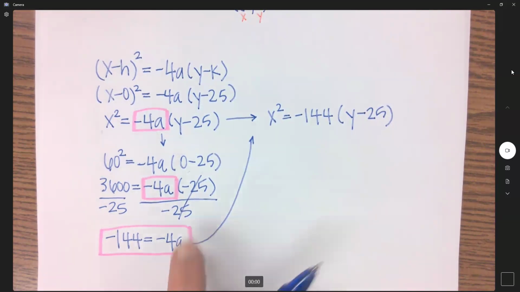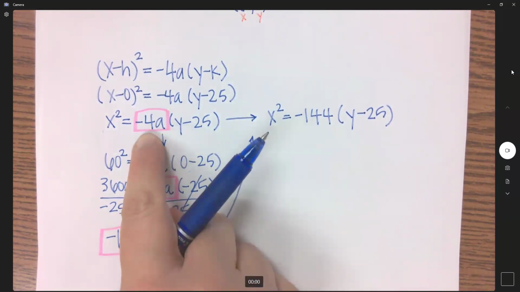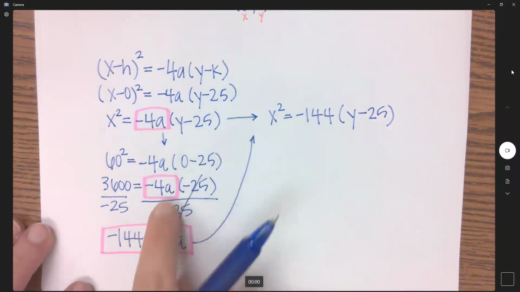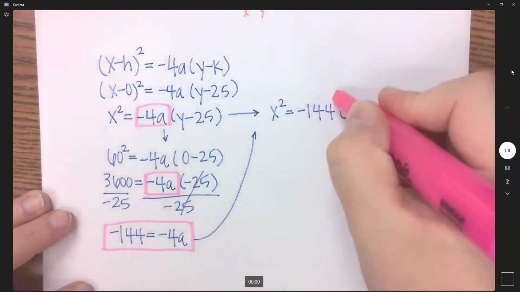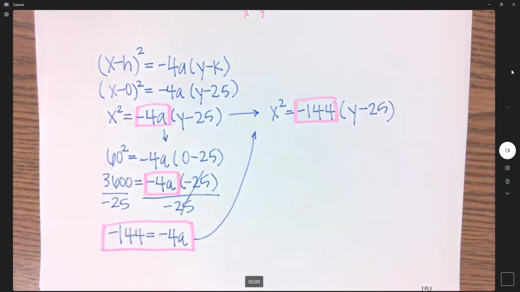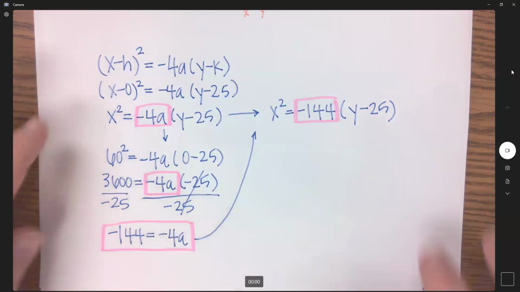Rather than solving for a, multiplying it again by negative 4, just solve this thing for negative 4a and substitute that whole thing back in here. All right, now we're almost done, and we could be done.